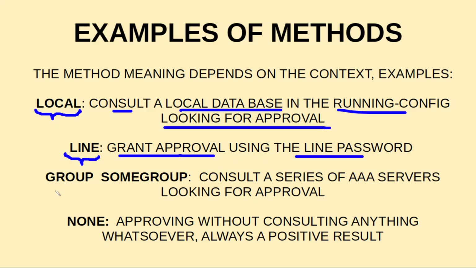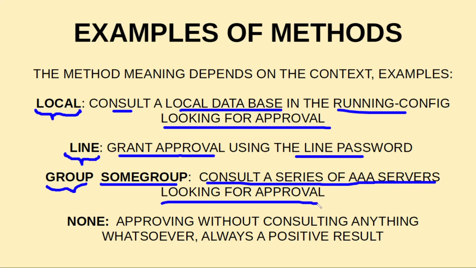And if we see the method group and the group name, this means consulting a series of AAA servers looking for approval for a certain feature. And if we see none, this means approving this feature without consulting anything whatsoever. So if we use none, the outcome will always be a positive result.